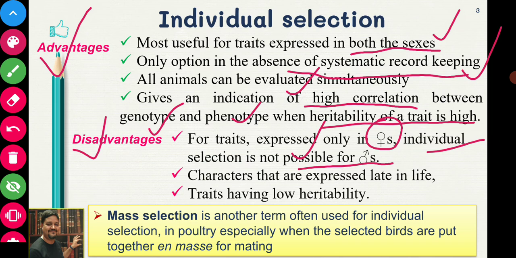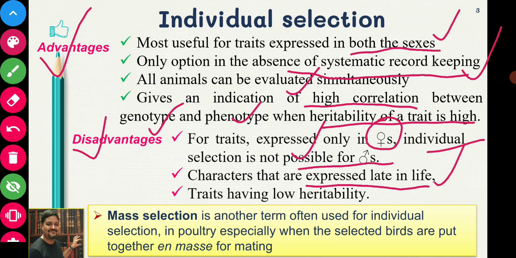Another condition is characters that are expressed late in life. What are those characters? Meat yield, carcass weight, carcass length. These traits will be expressed after death of the animal. Suppose you are going for individual selection and you want to select an individual for carcass weight.